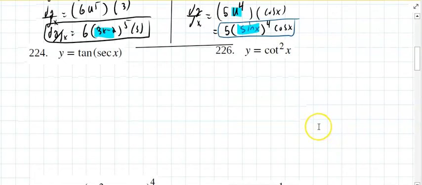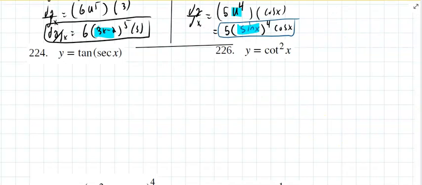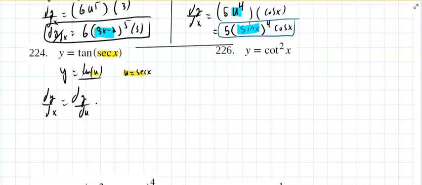I'm going to do two more and kind of try to figure out what they're doing. If I let u be the inside, again, I could not take a derivative of each of those embedded. If I let u equal the secant of x, then y would become the tangent of u. Well, when I say find dy dx, you would say y now depends on u, and automatically those have to match again.